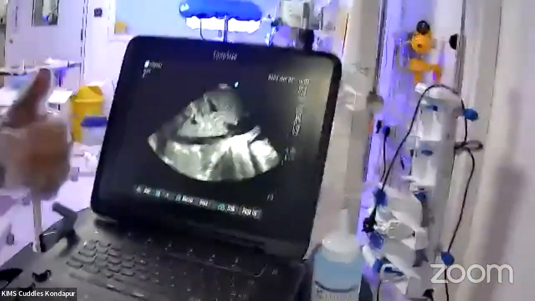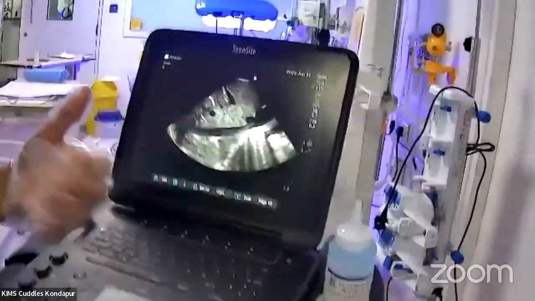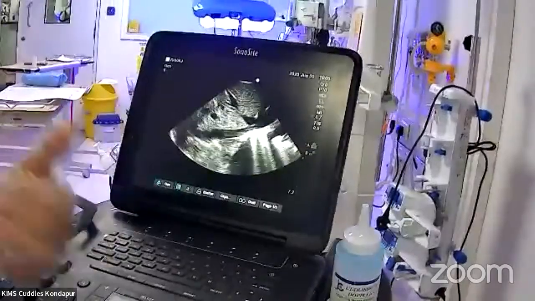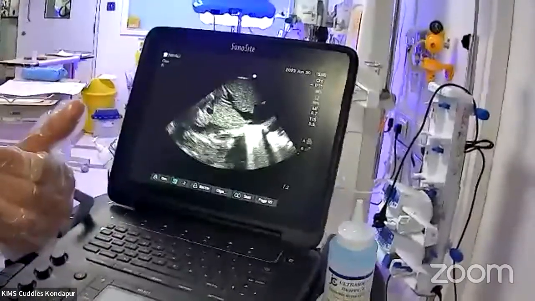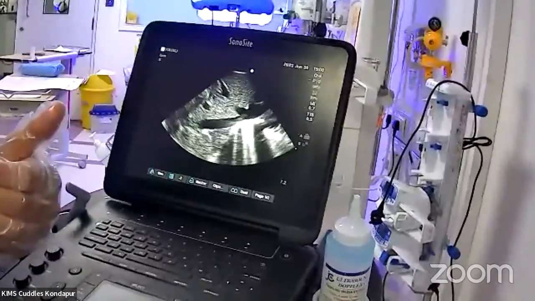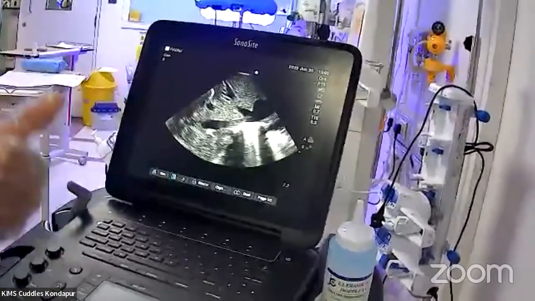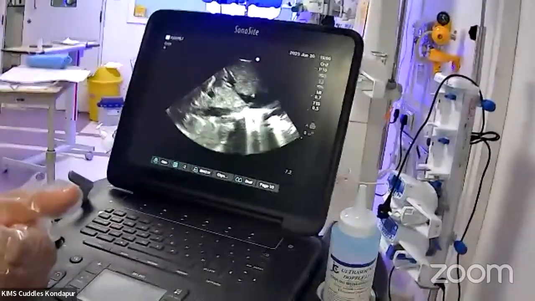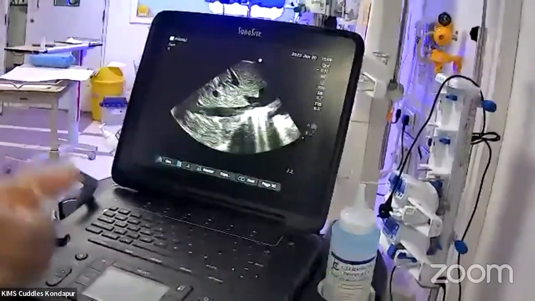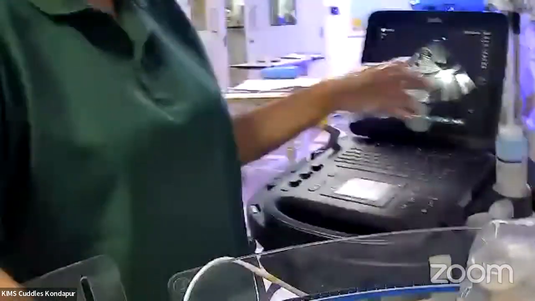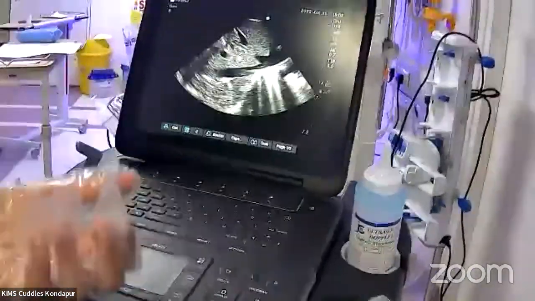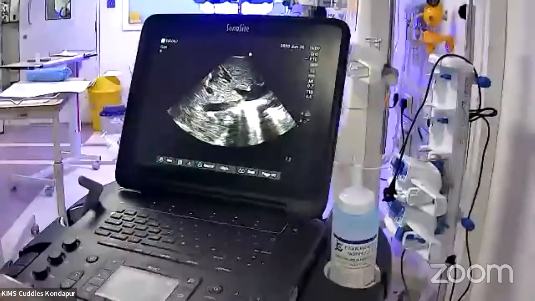If the collapsibility is more than 50% with respiration, then it indicates that there is scope for giving more fluid. So if IVC caliber is more than 8 mm and less than 50% collapsibility with respiration, then it's fairly indicative of hypervolemia. Either hypervolemia, or there could be RV dysfunction, severe PAH, or a cardiac tamponade. All these can lead to IVC congestion.